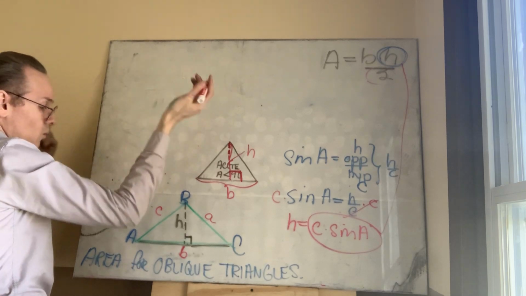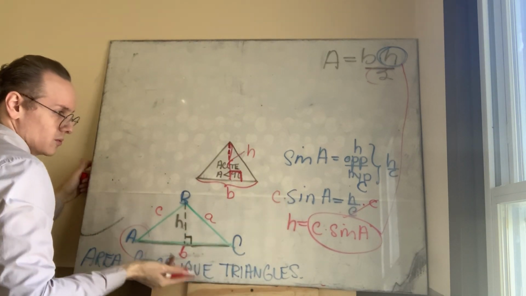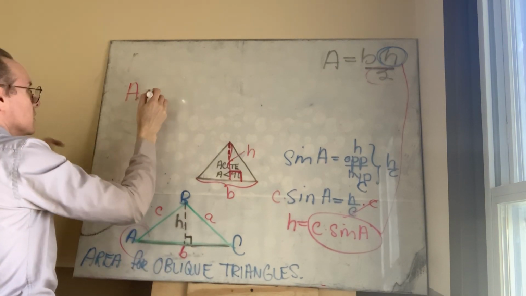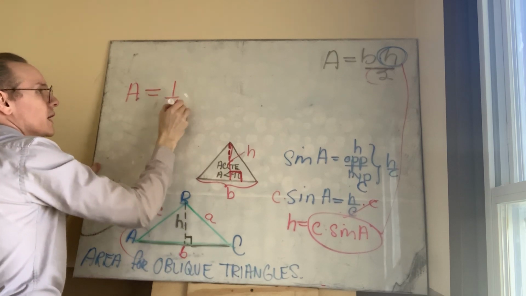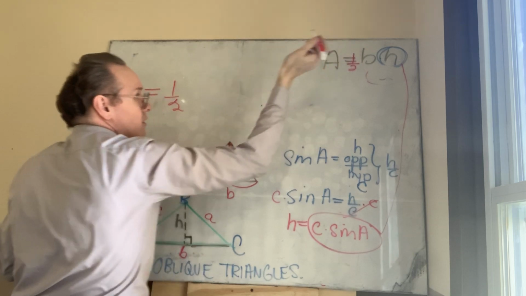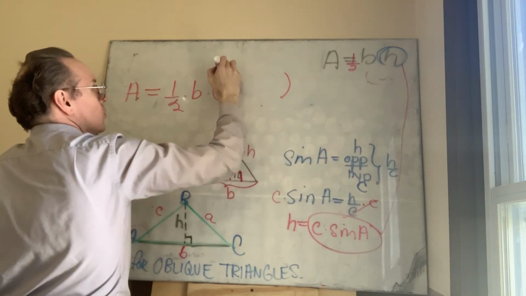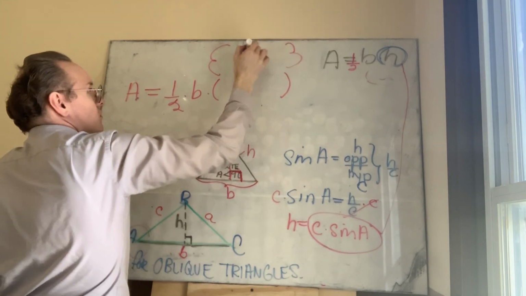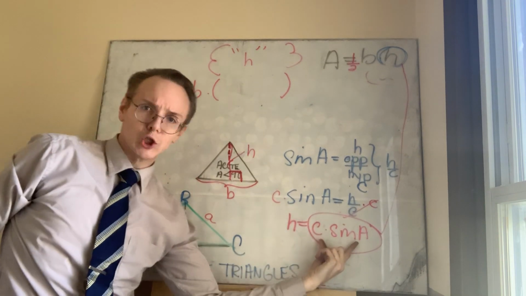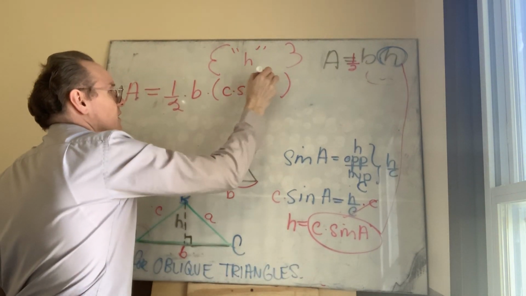So in the case of one example that involves angle A, the angle over here specifically, it's still the area times 1/2. Instead of writing 2 underneath, they put a half up in front, times B, and in place of what would normally be H, is C times the sine of A.